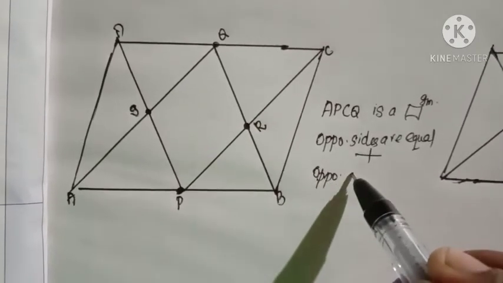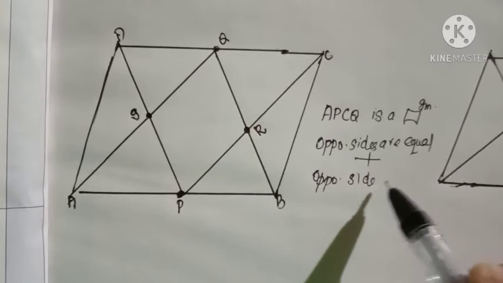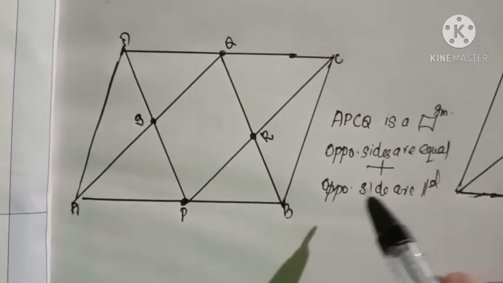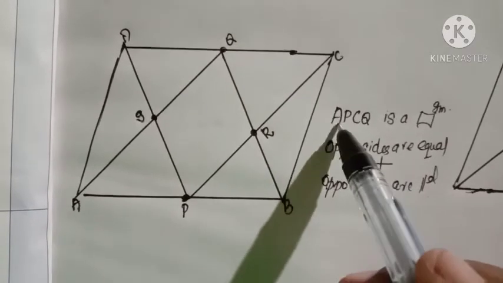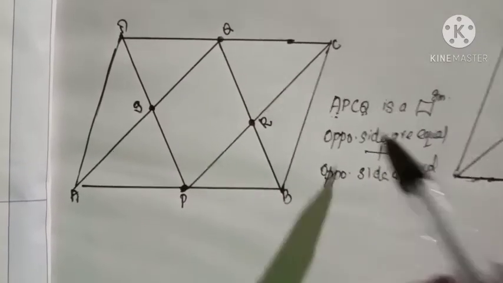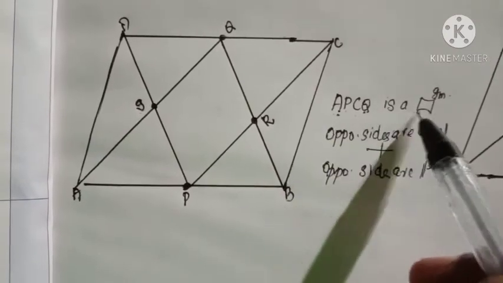If opposite sides are equal and parallel, then we can say that quadrilateral is a parallelogram. Now APCQ is a quadrilateral. If we prove these two conditions, then we can say that APCQ is a parallelogram.